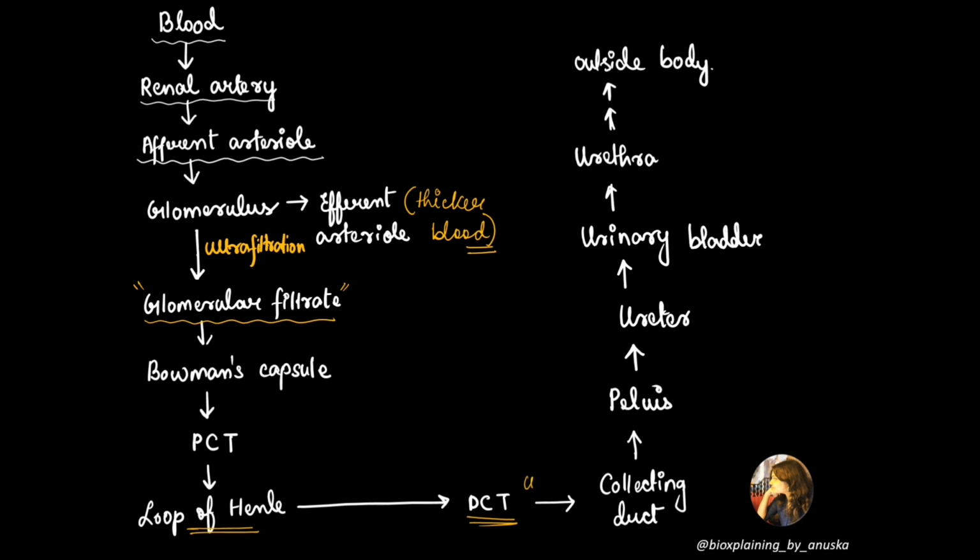At this stage, where the fluid goes from the DCT to the collecting duct, it is now known as the urine. The urine then goes into the pelvis, which is a part of the kidney. From there to the ureter, to the urinary bladder, to the urethra, and finally outside of the body.